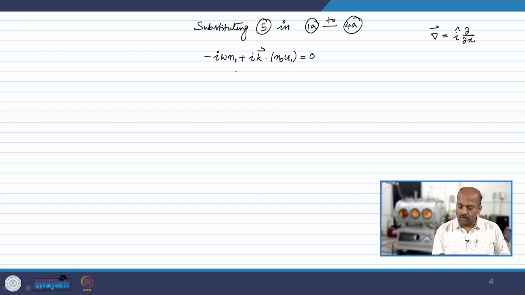The second equation, which is the momentum equation, will give you minus i omega m u1 is equal to minus e E1.